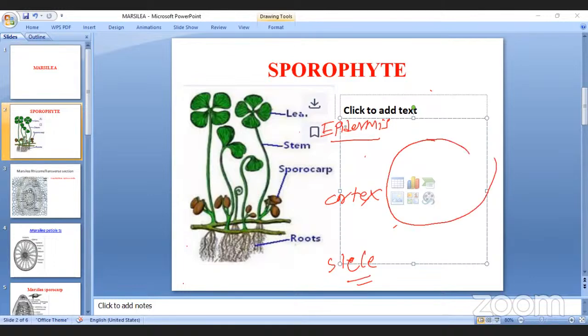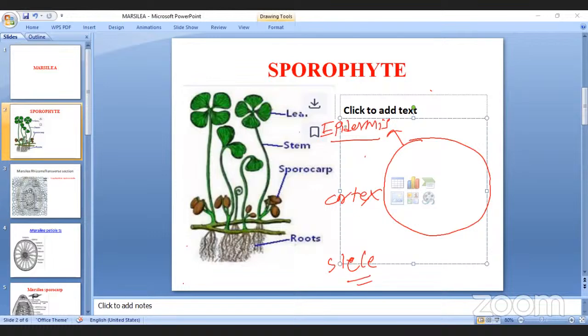Sorry, my hands are somewhat shaking due to the fever. This is the epidermis, and it is single layered.